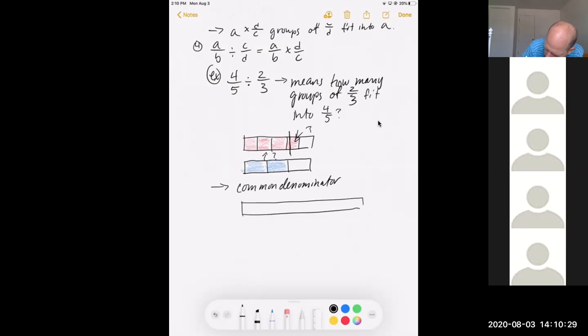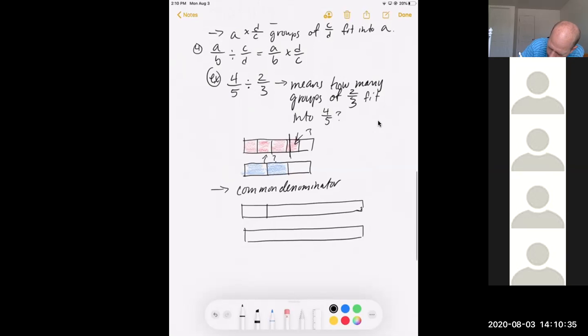I'm going to draw a little bit longer bar, so pieces get a little bit small with this example. Okay, so I'm going to do the 4/5 again. And we know that the common denominator between 5 and 3 is 15. So we'll take my fifths and divide them into 3 parts all the way down.